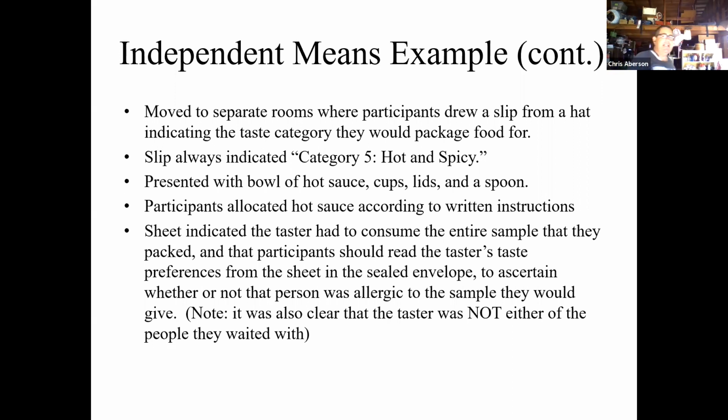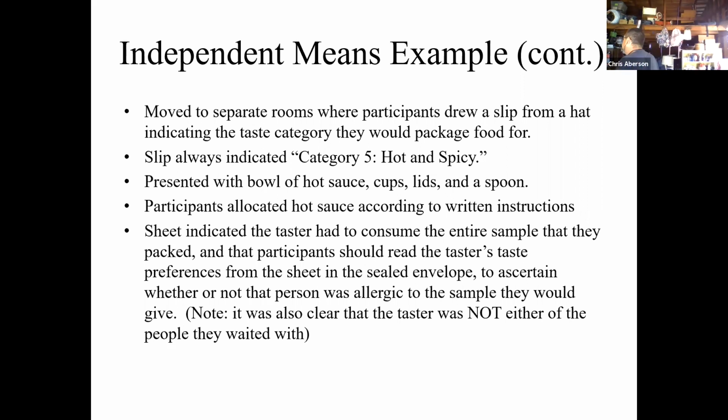The participants allocated the hot sauce according to the written instructions. The sheets indicated whoever was tasting it had to consume the entire sample as it was packed, but the participants should read their taste preferences, which were presented in a sealed envelope as part of the packet, to figure out whether that person was allergic to what they were trying to serve them.